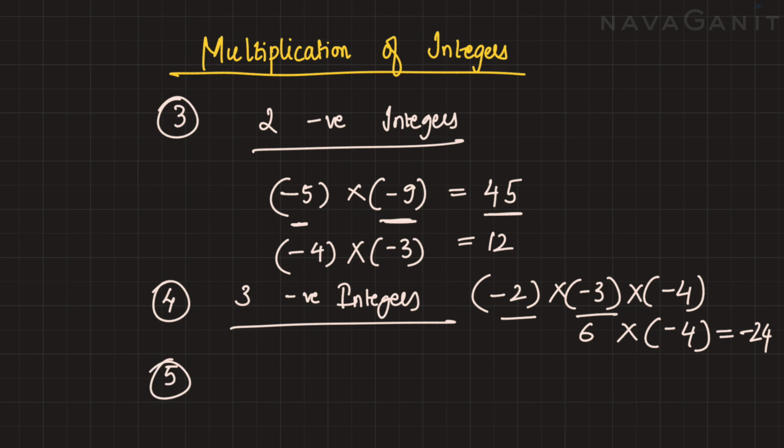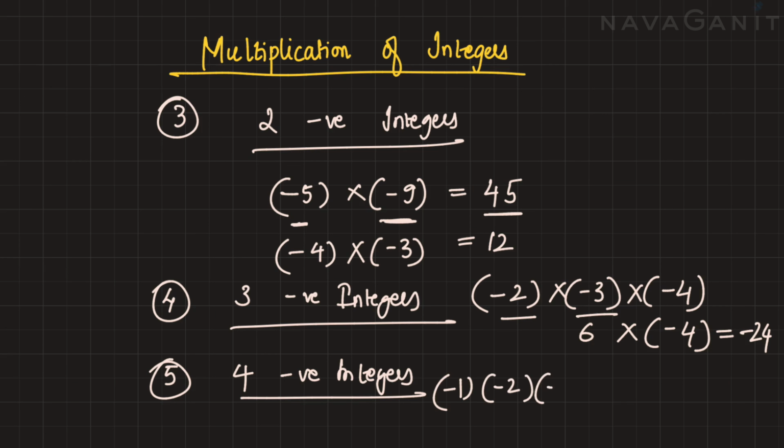And now what will happen if we multiply 4 negative integers? Say minus 1 multiplied by minus 2, minus 3 and minus 4. This would be 2 multiplied by 3 multiplied by 4, which would give us 24. So whenever we multiply three negative integers, the product would be negative, and whenever we multiply four negative integers, the product would be positive.